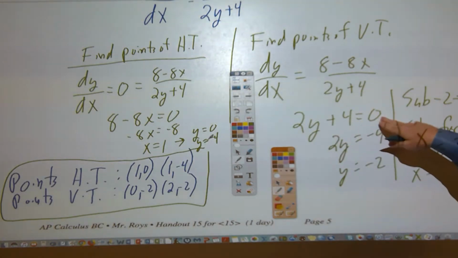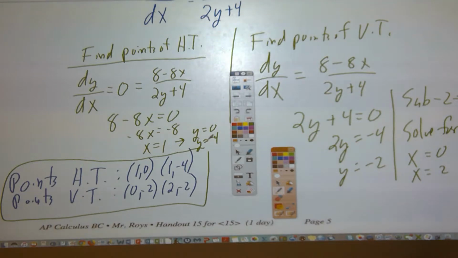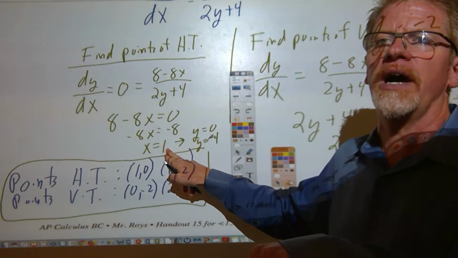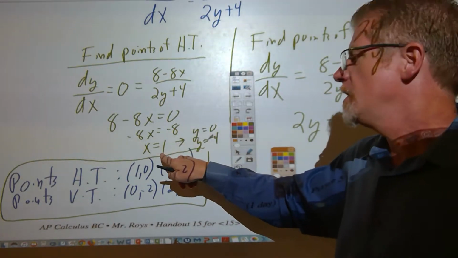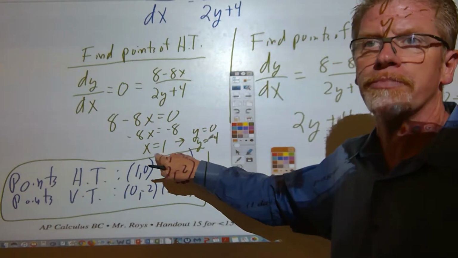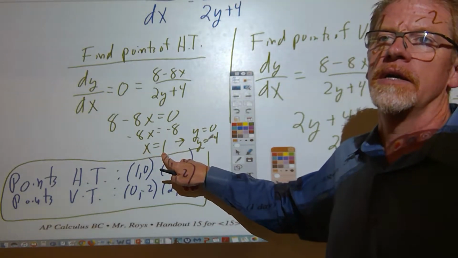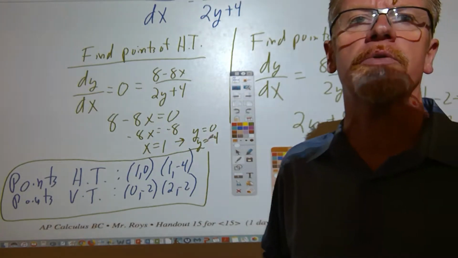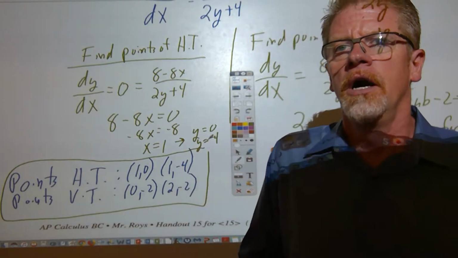Or y equals 0 and y equals 4 for the horizontal? Oh, yeah. You would have to follow the process that Peter described. We didn't do it, we're skipping it. But what he said is go to the original equation, put a 1 in for x, and solve for the corresponding values of y. Further questions? All right.